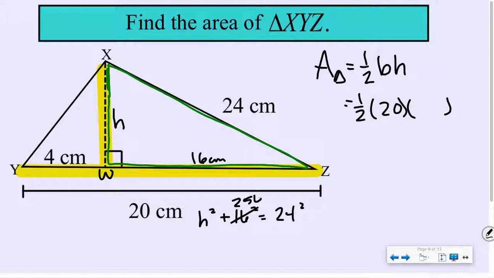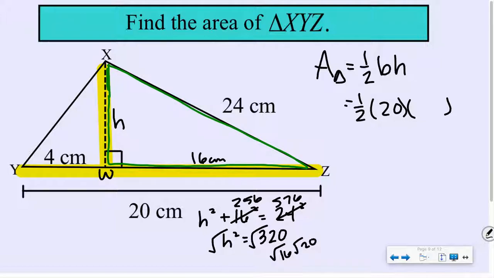16 squared, 256. 24 squared is 576. So if I subtract that over, I get 320. Square root that. Does it come out nicely? Okay, don't round it. We're going to leave these in exact form. I know that 16 would go in there 20 times.